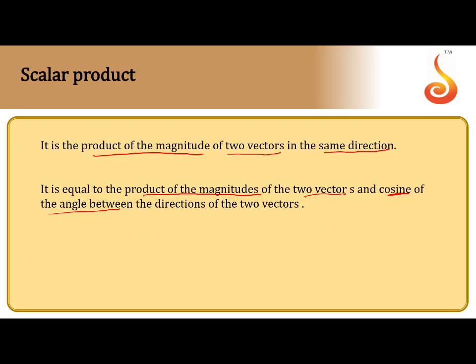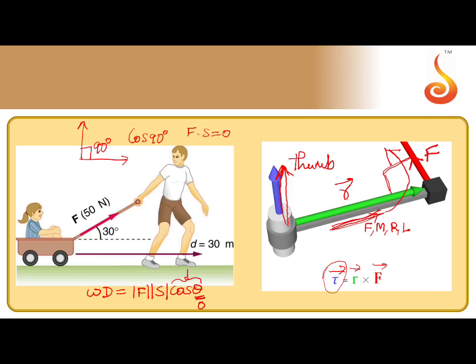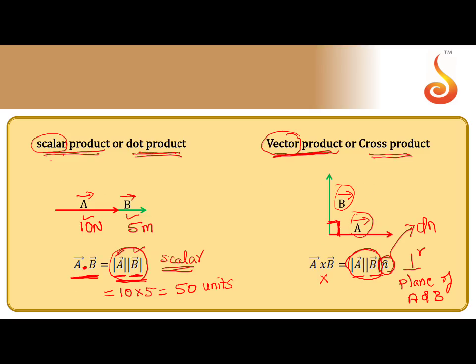Let's have a quick recap of scalar product and the vector product. Scalar product or the dot product is the product of the magnitude of two vectors which are in the same direction. Here A and B are in the same direction, so A dot B is equal to mod A into mod B. Cross product is the product of the magnitudes of two vectors which are perpendicular to each other.